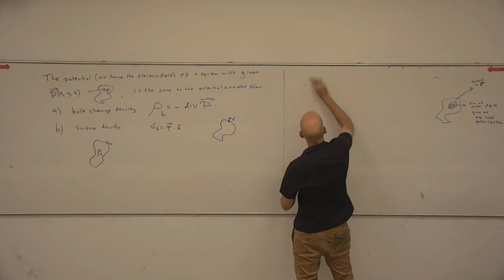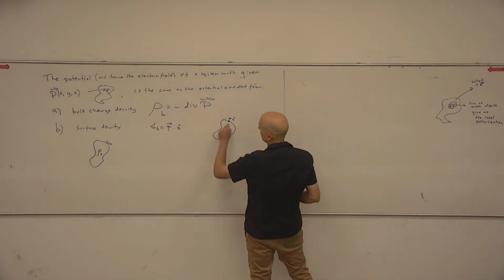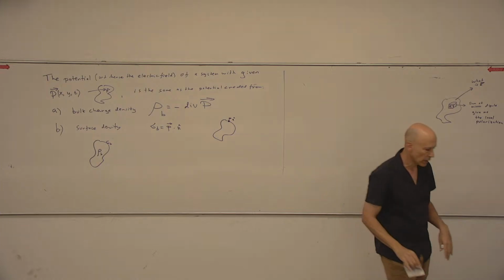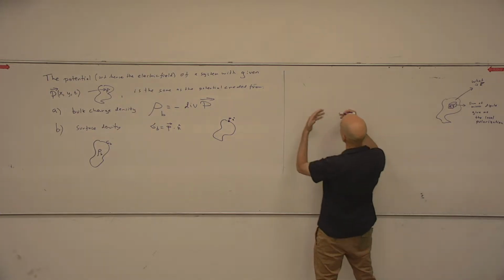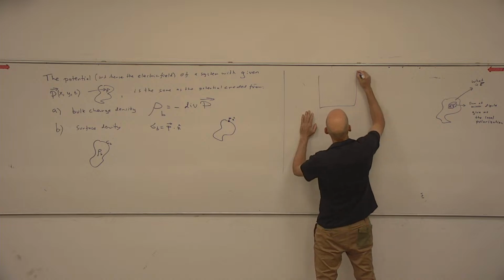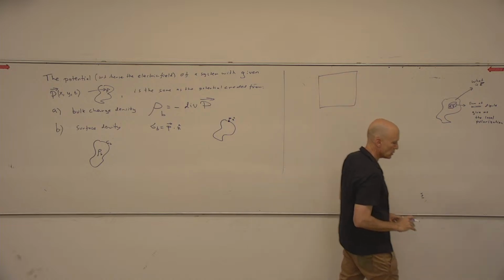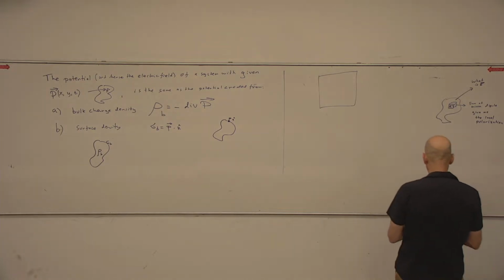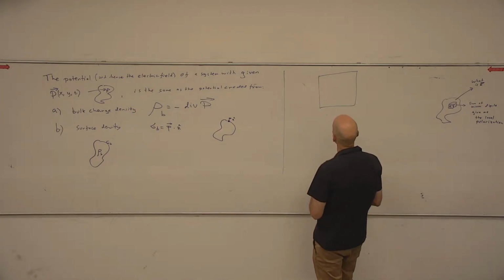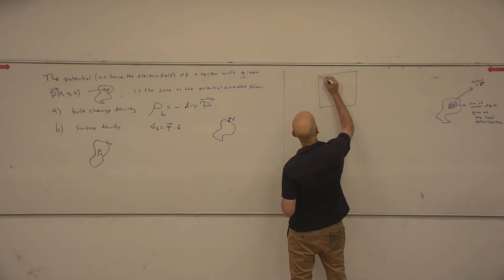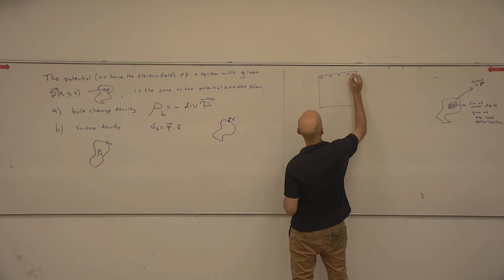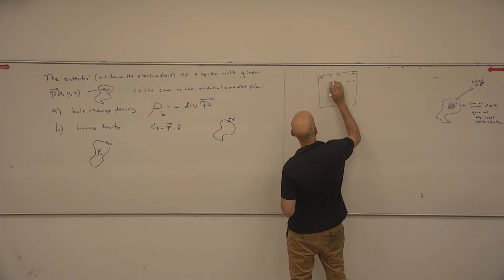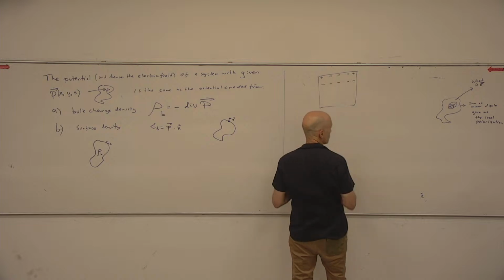So let us look first at a system where the div P inside the system is 0. That's just for simplicity, right? And I'm going to build a very specific system, but maybe this can teach you something. So I have a box, because physicists love boxes. And I'm going to put here dipoles. But it's very specialized. I'm going to put here dipoles in layers. So this is layer number 1.